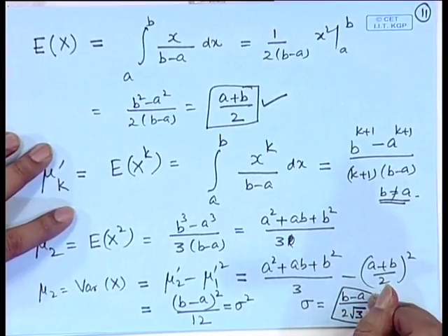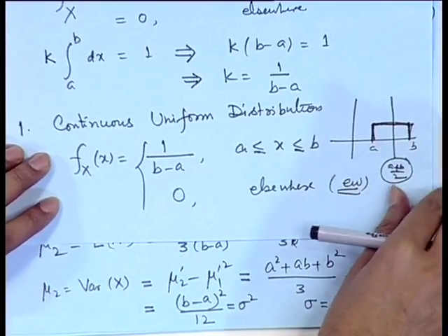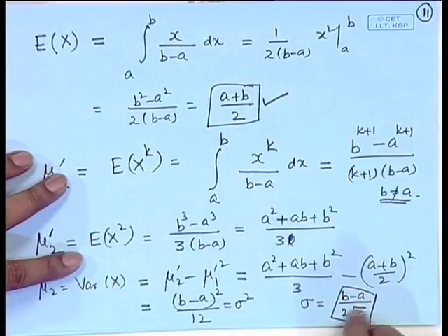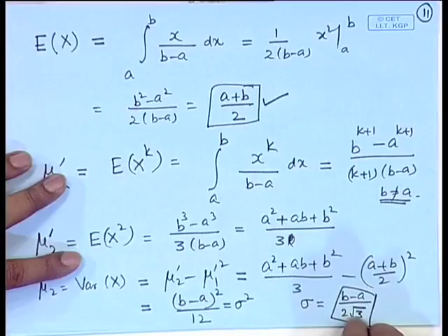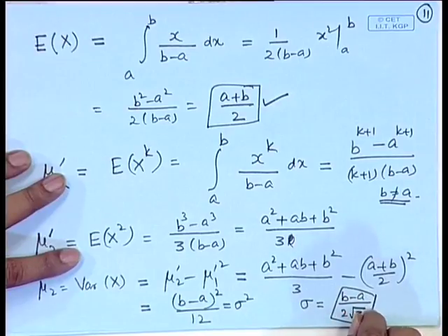So, you can see here the range of the distribution is b minus a, and the variability is b minus a divided by 2 root 3, which is much less, because 2 into root 3 is about 3.42. So, this becomes b minus a divided by 3.42 kind of thing. This is much smaller than the range, and it is because of the uniformity that the variability is much smaller.